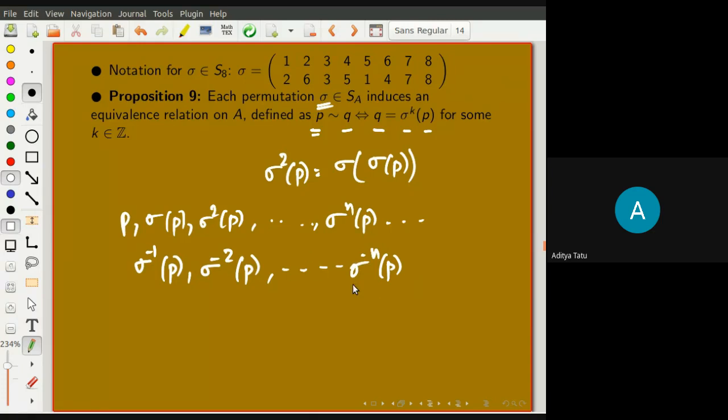If one of these elements is equal to Q, say sigma^k P is Q, then P and Q are related. Otherwise, not.